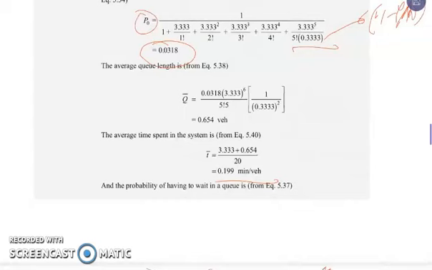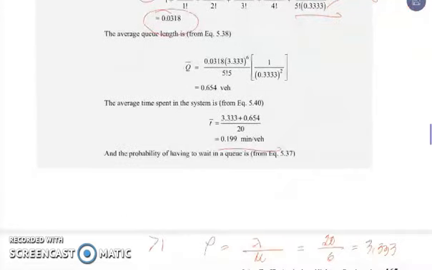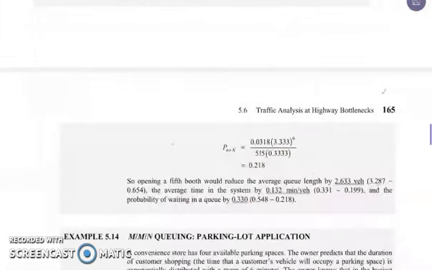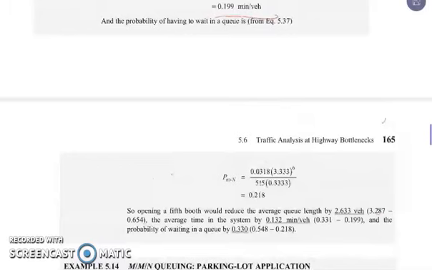And the probability of having to wait in a queue is p of n greater than n. So we simply have to substitute the values here, wherein the value for p sub 0 is 0.0318.